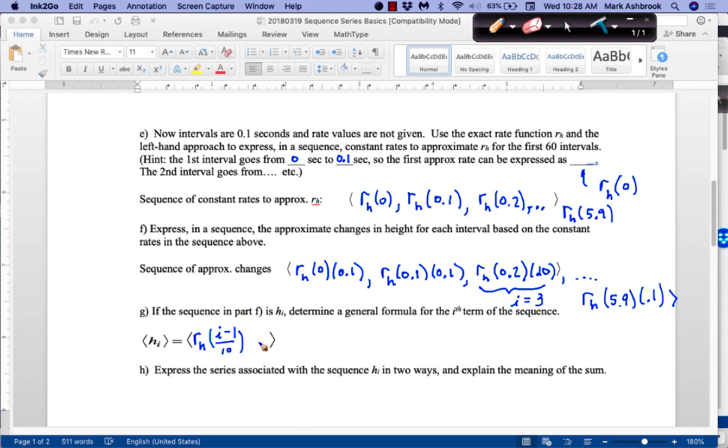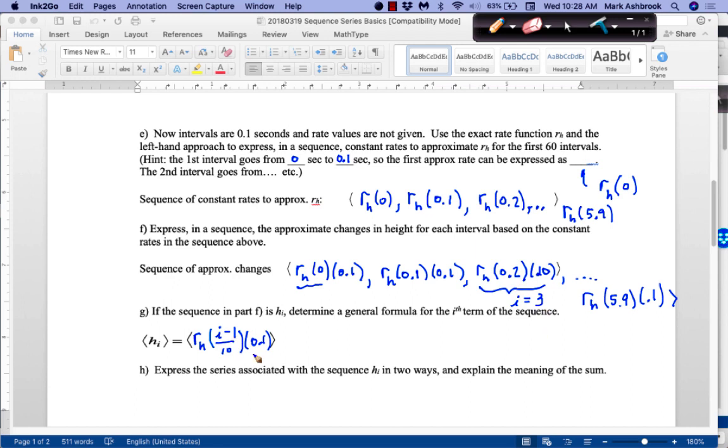Times 0.1. Anybody get that? Did anyone get that? Just one? Anyone get something close to that? Do you follow it? You follow where we got the approximate rates from, and then those input values are always like 1 behind, but a tenth of 1 behind what the index is. So you got to subtract 1, divide by 10.